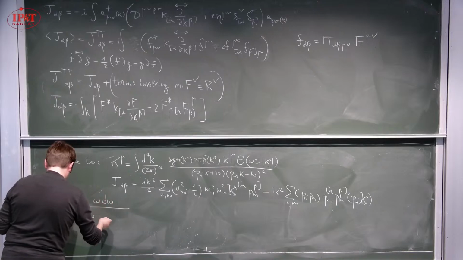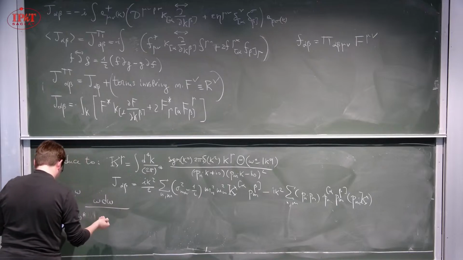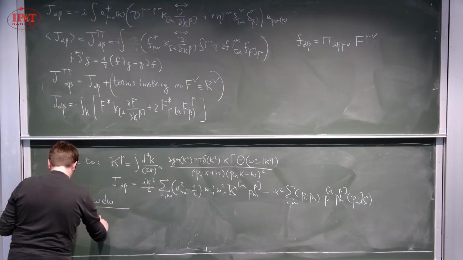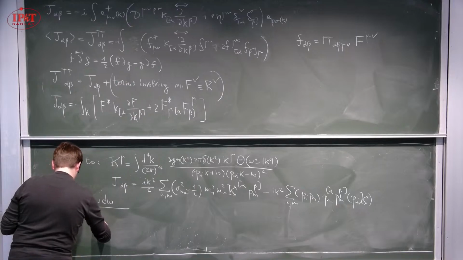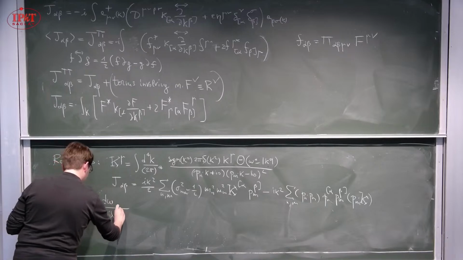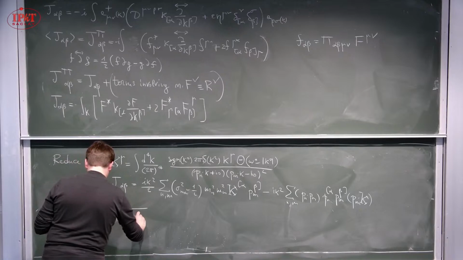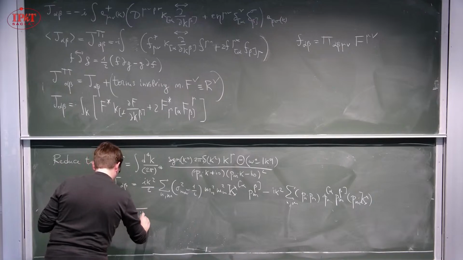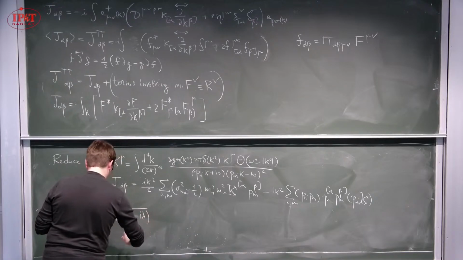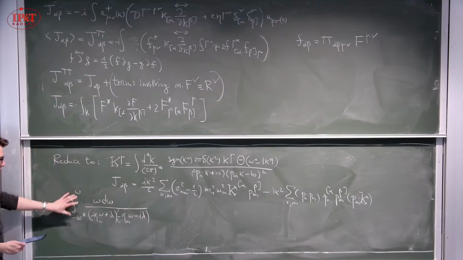And in order to make apparent that I'm not sending i epsilon to 0, let me give it a name. I don't know. Small lambda, for instance. Here, minus. So what you can do, you can just evaluate this.